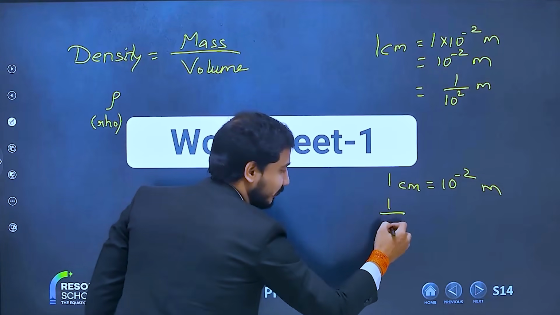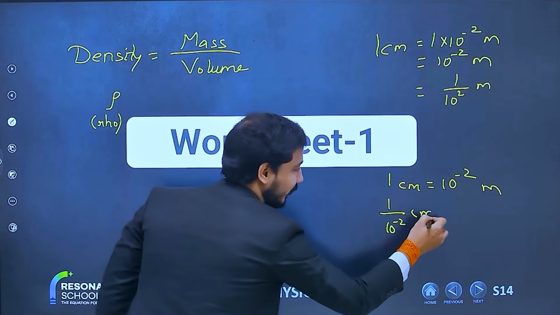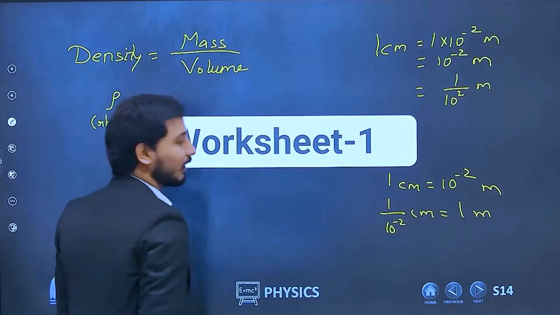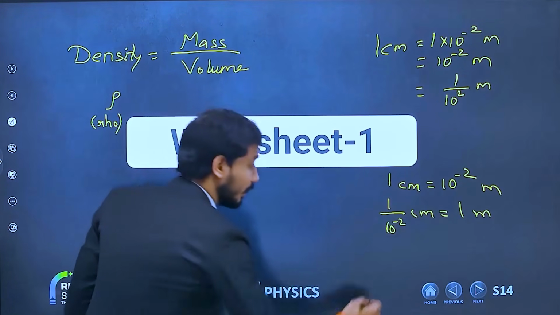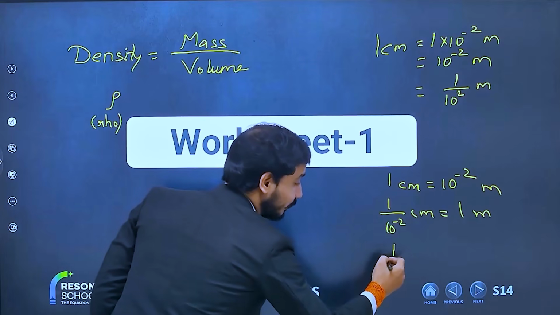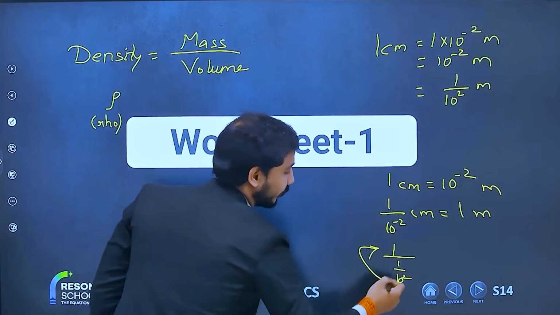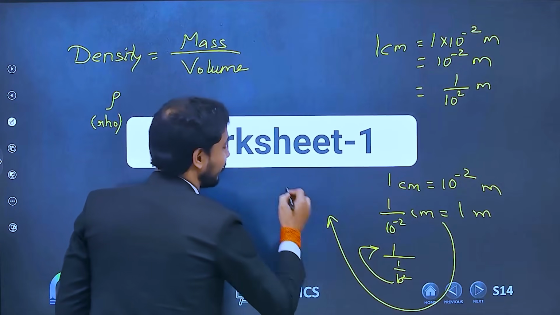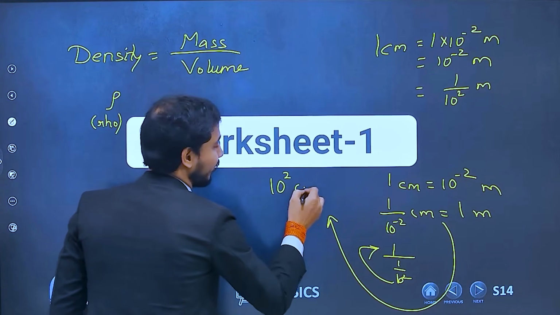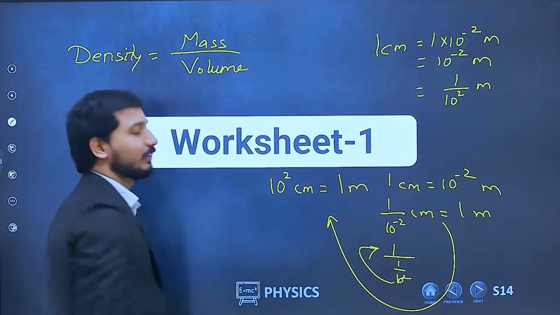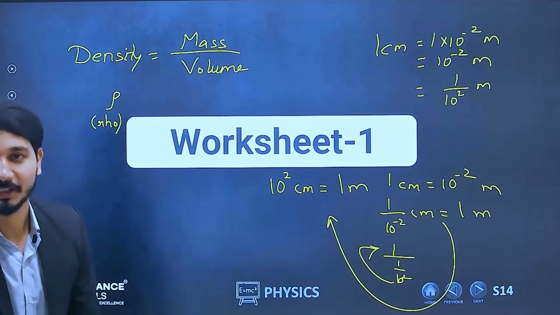It will come as 10 to the power minus 2 centimeter is equal to 1 meter. So this can be written as 1 by 10 to the power 2. If this 2 comes up, the final conclusion is 10 to the power 2 centimeter is equal to 1 meter. This is all about this, Lakshmi Charan, right?